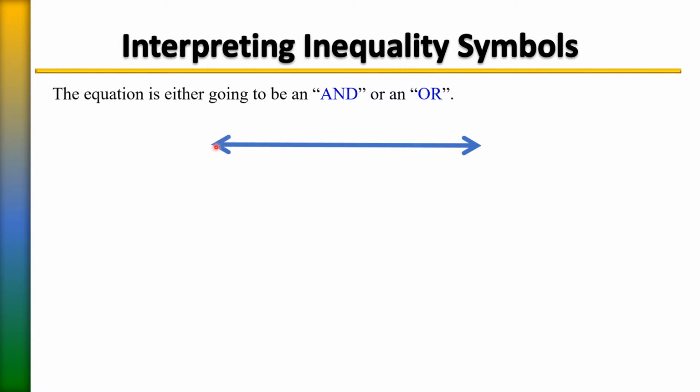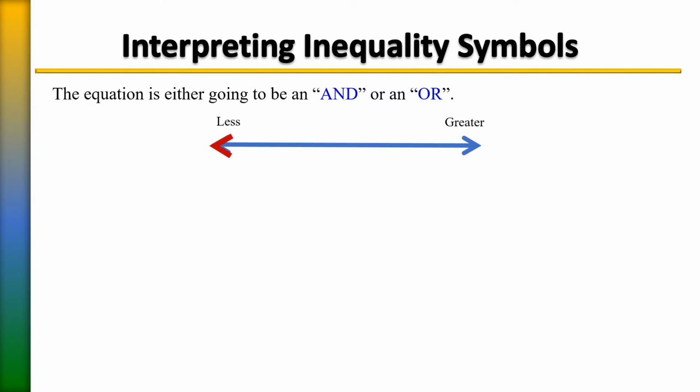This is a less than symbol, and your numbers get smaller. So I'm going to spell these 2 words, less and greater, wrong on purpose, only to make a point that one is an AND equation and the other is an OR equation.